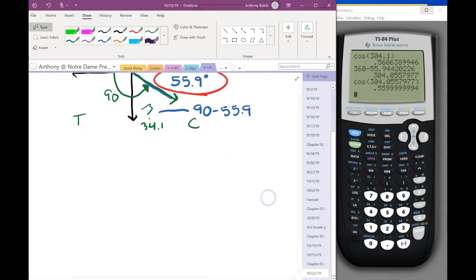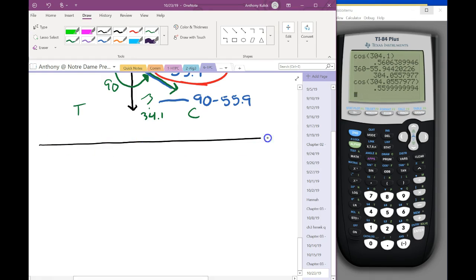Let's try another. Say we want to do tangent inverse of 0. Is 0 a unit circle value?